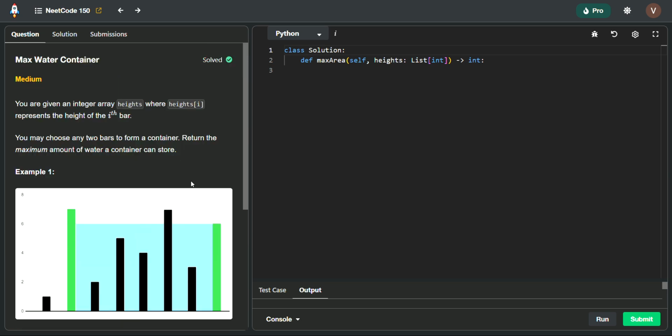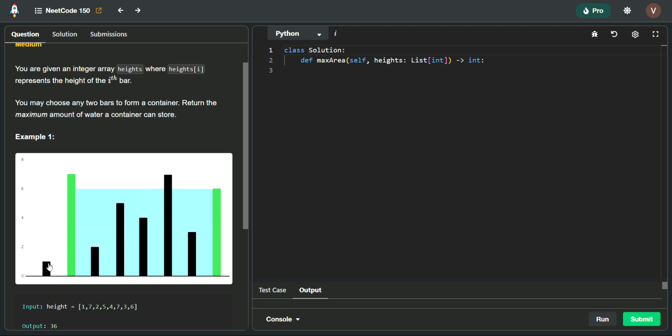Essentially what we have to do is find an area between these two indices that would give us the most area to collect the most water when rain falls, right? So that's the problem. What we can do is have our two pointers, because we just have to calculate the area.